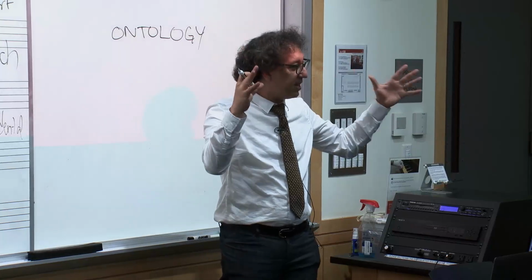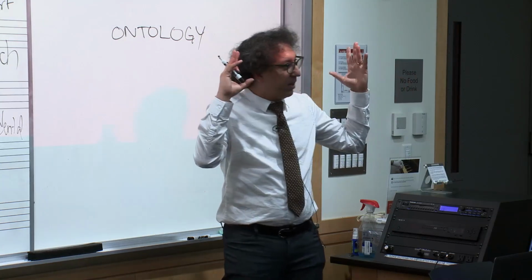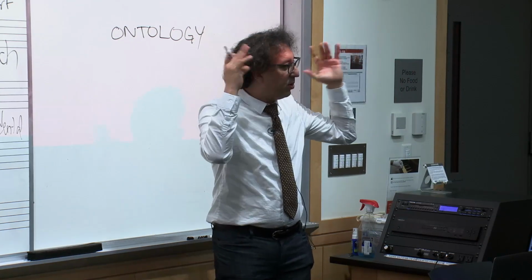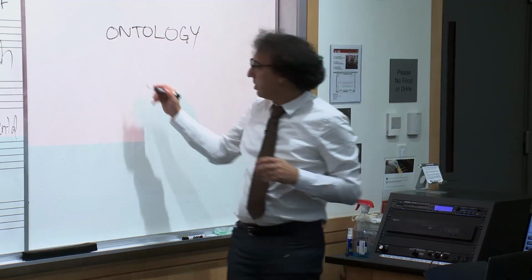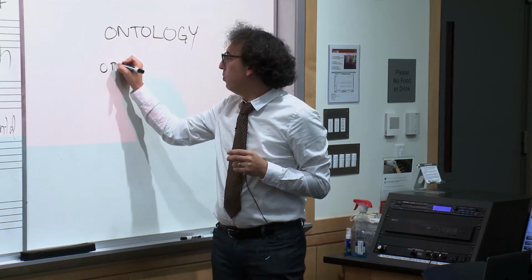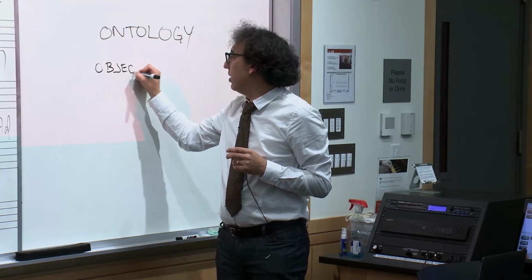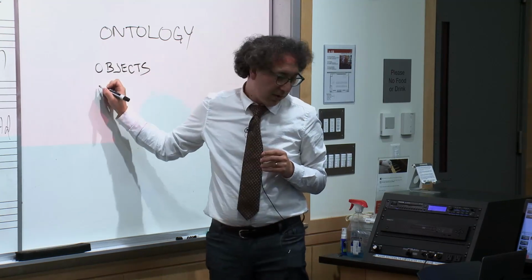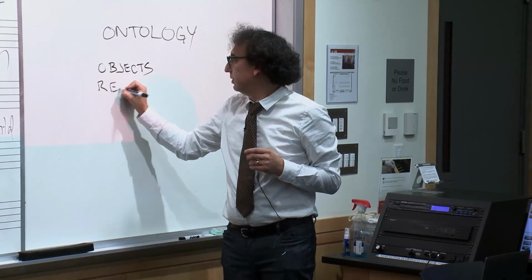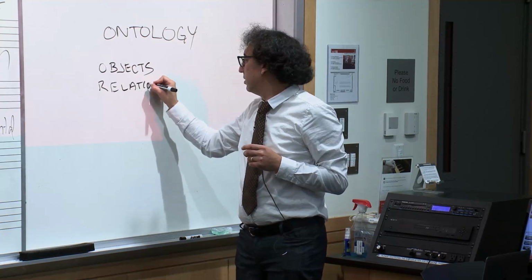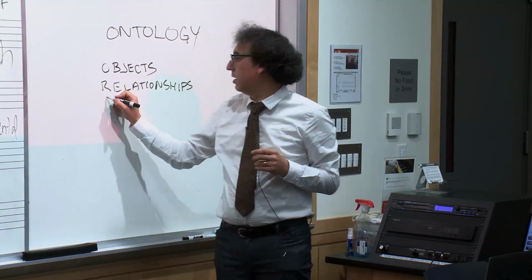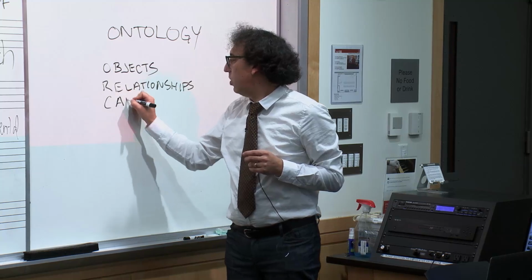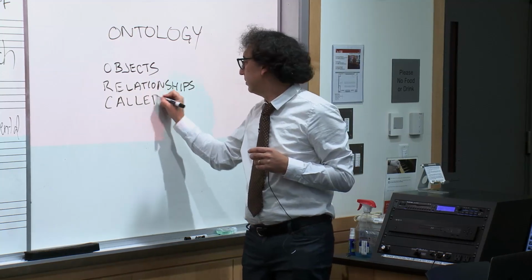When you're trying to think of a particular object that's either conceptual or reified, really real, you want to think about what objects are in it, what are the relationships between objects, and what are they called, or what are their names?